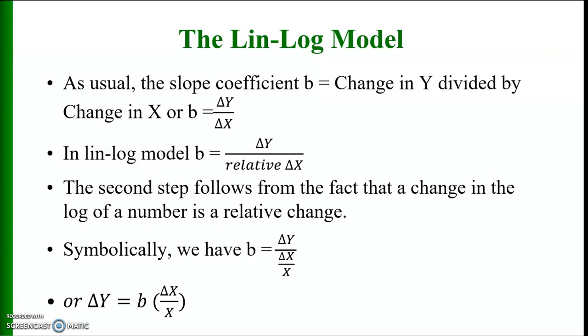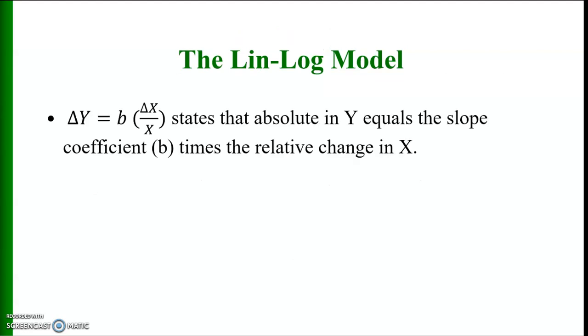So symbolically, we have b is equal to delta y divided by delta x over x, or delta y is equal to the slope coefficient times relative change in x, that is delta x over x.